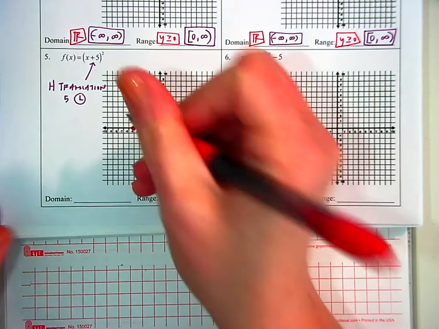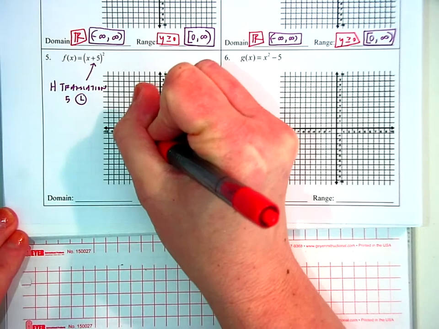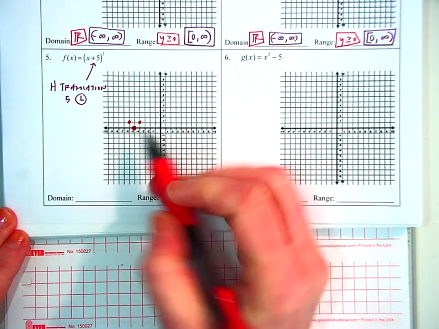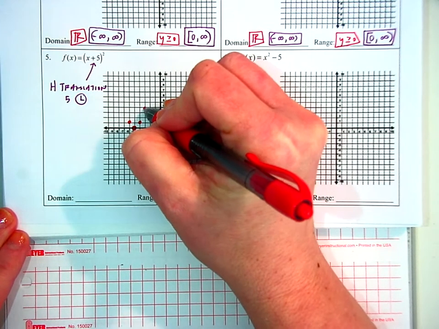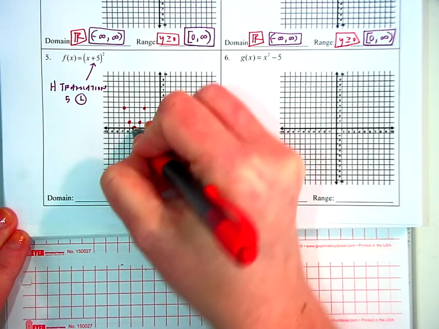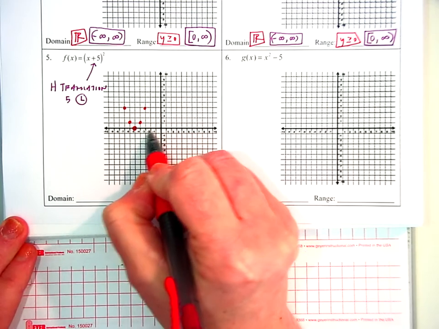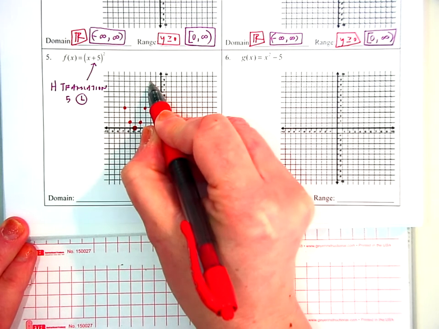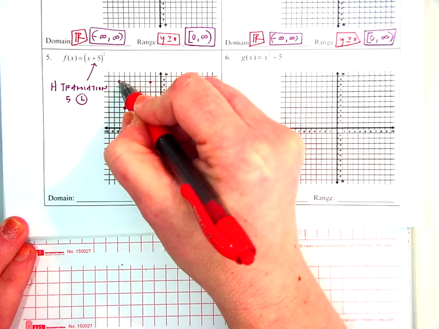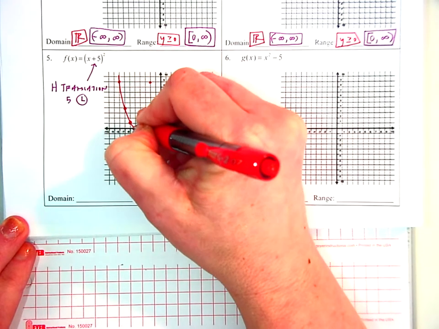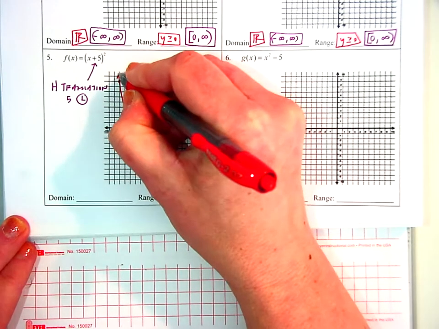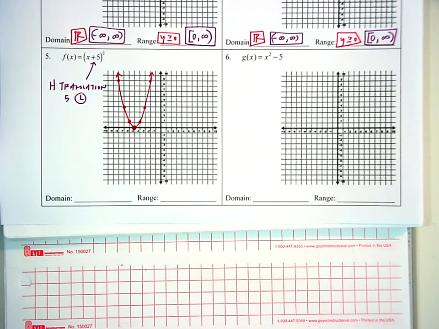So I'm going over 1, up 1, okay, back to the vertex, over 2 and up 4. Back to the vertex. If I wanted another pair of points from the vertex, I could go over 3 and up 9. So here and here. So here my parabola looks just like the parent function. Every point, though, has shifted 5 units to the left. Okay, domain.